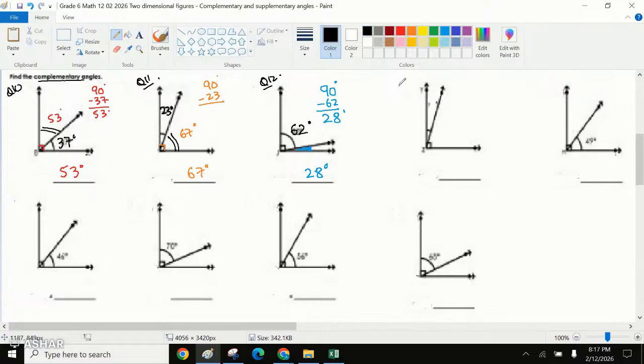Moving ahead to question number 13. If the given angle to us was 31, I'll just rewrite it. If the given angle was 31, what should be the complementary angle?